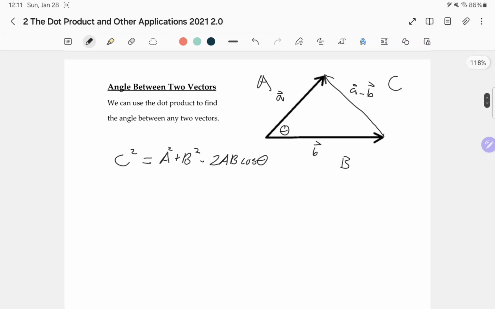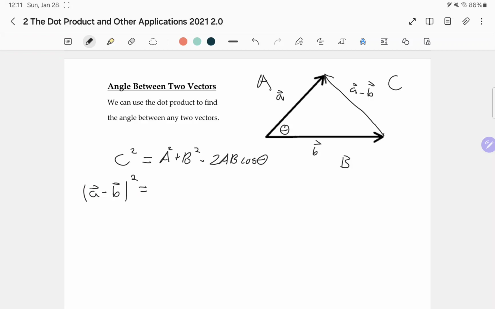And this applies with vectors too. So actually we can do it pretty easily. And these are all magnitudes, I should mention. These are lengths. So remember, whenever you do the length of a vector, it's its magnitude.